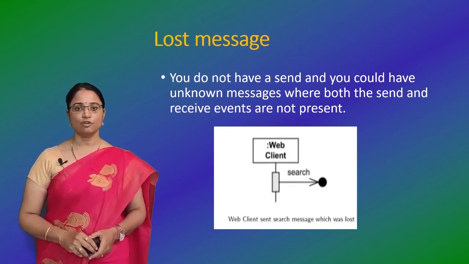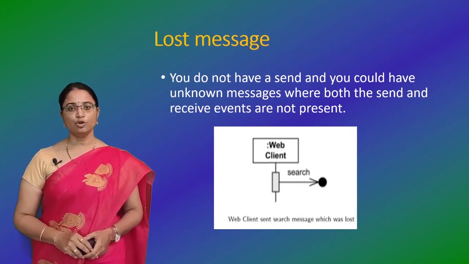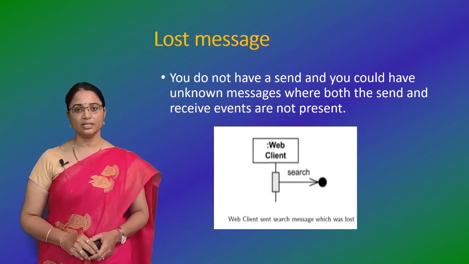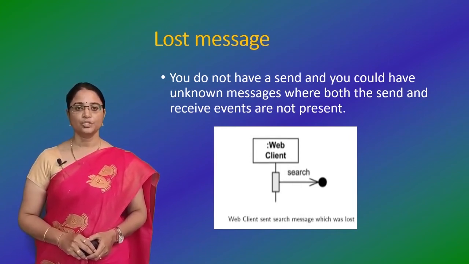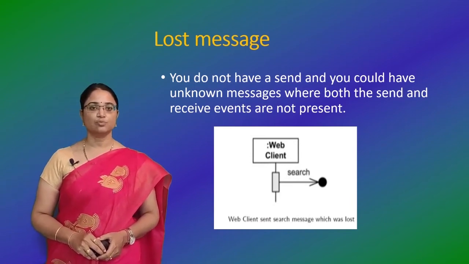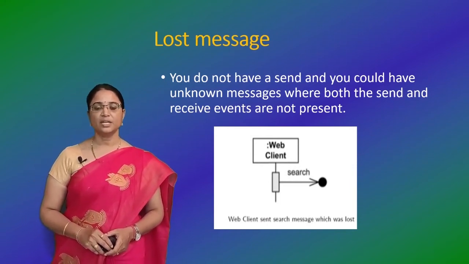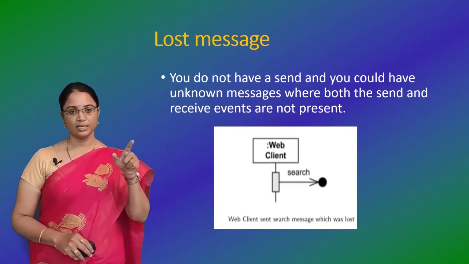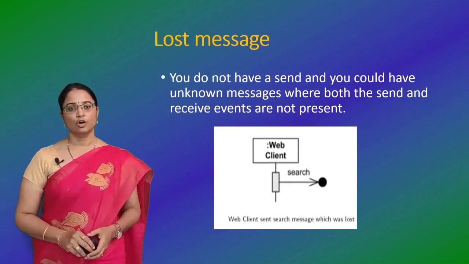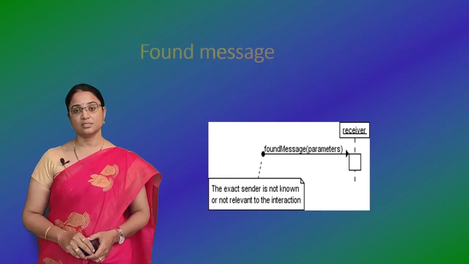But in a sequence diagram, an unknown message usually would not mean anything; you should not have it. If you see here, the web client search message was a lost message. The lost message can be indicated by using a circle after the object. This is how lost messages are indicated.